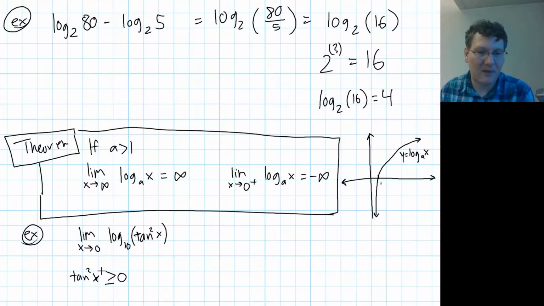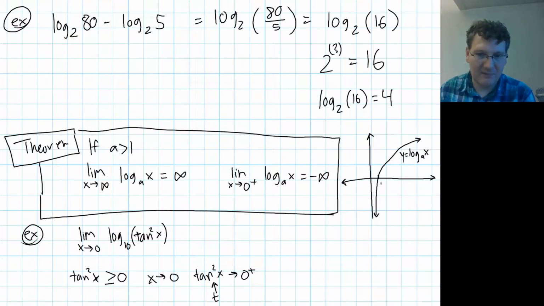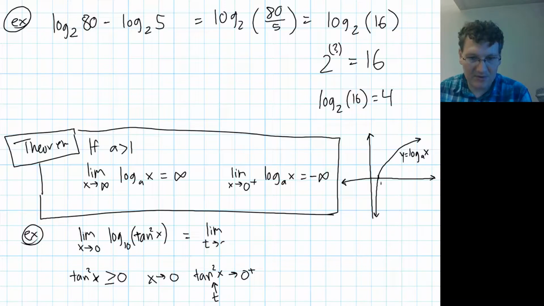So as x goes to 0, tangent squared x is going to approach 0 from the right. Let's call this t. And so this is the same as the limit as t approaches 0 from the right of log base 10 of t.